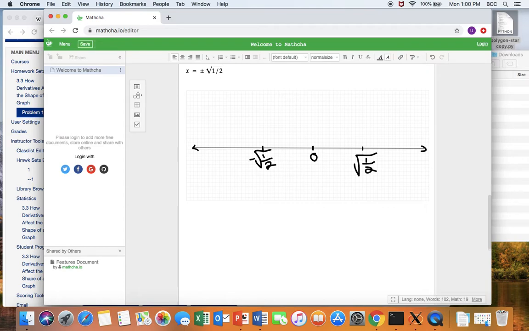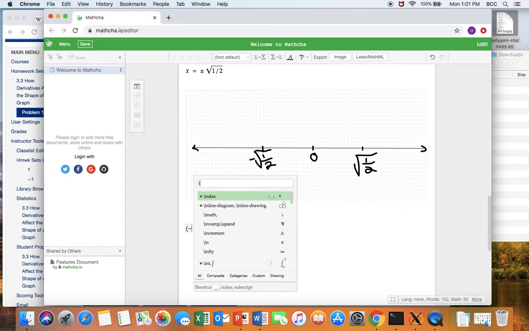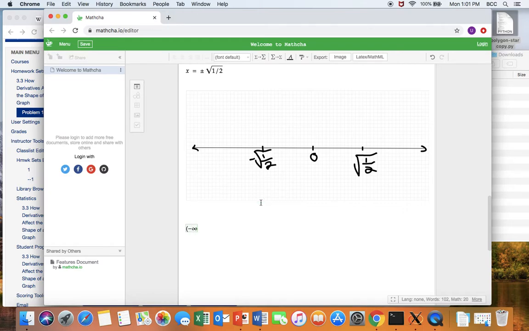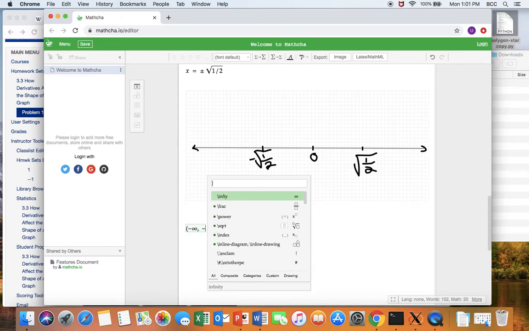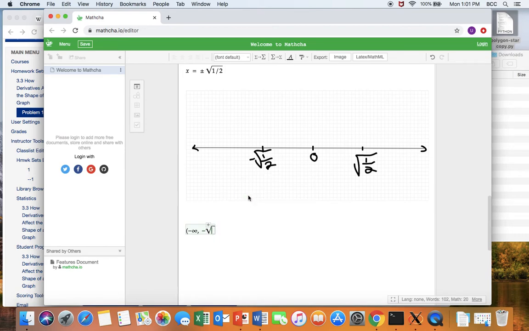Now here is negative infinity, until, maybe I can use mathematics symbol, can't I? That would be nice. Negative infinity until negative square root 1 over 2.